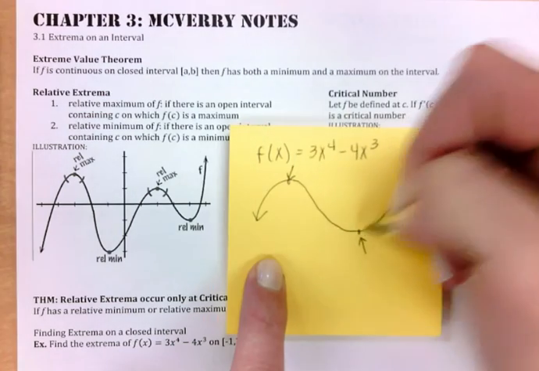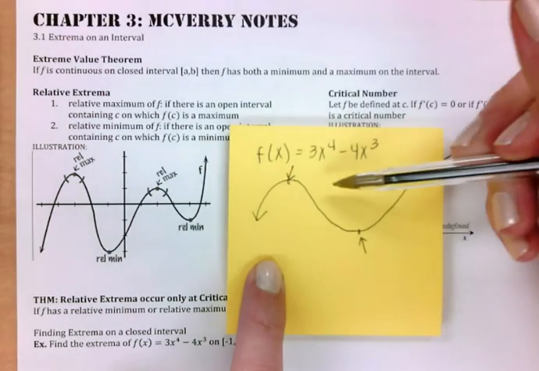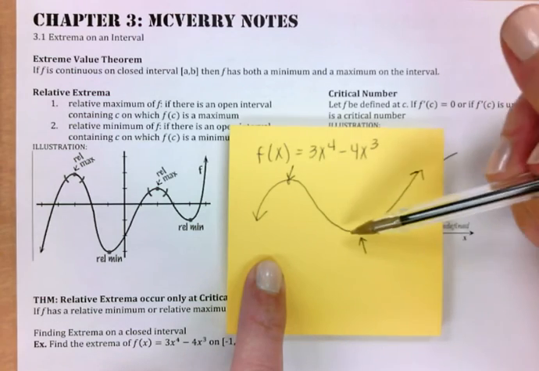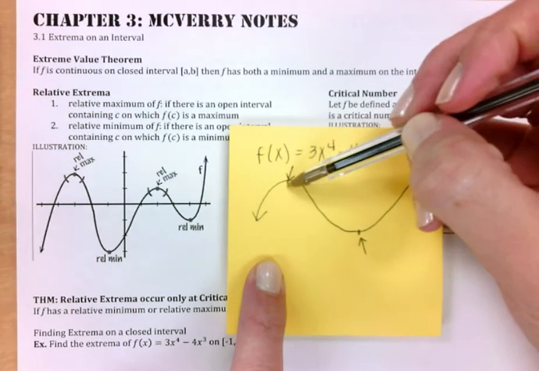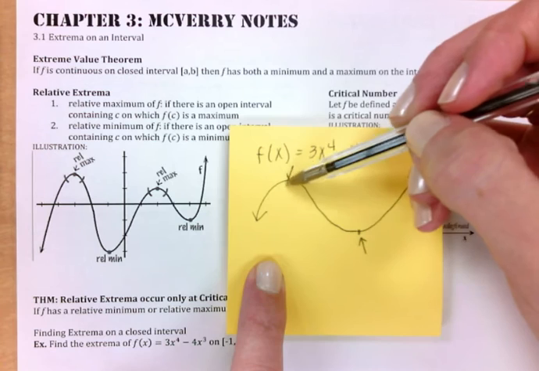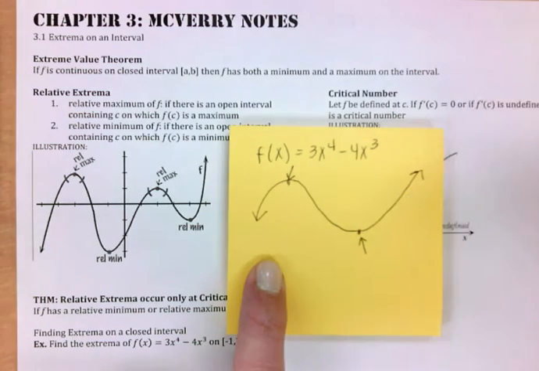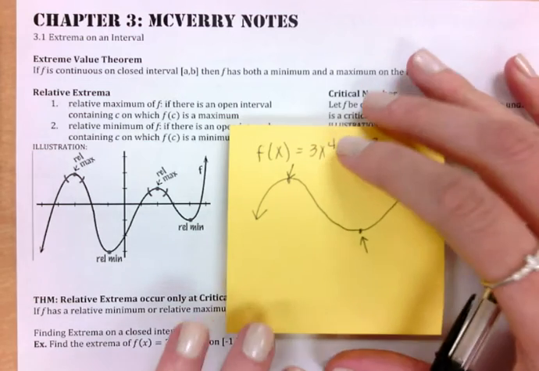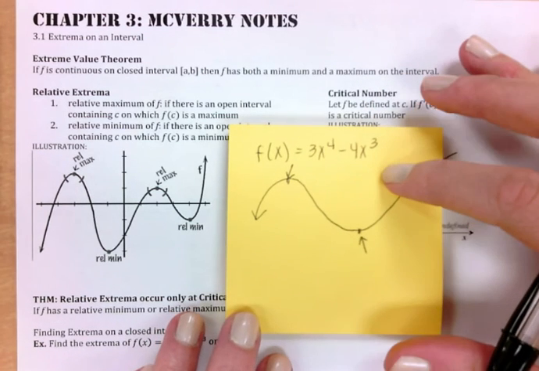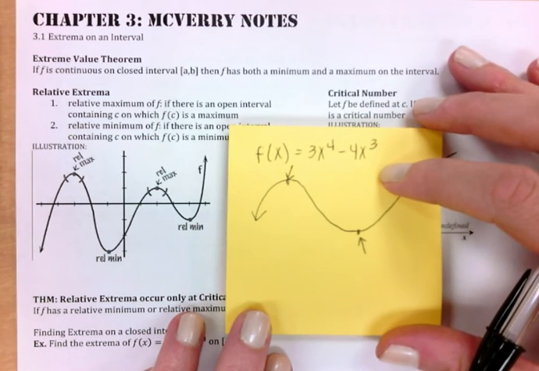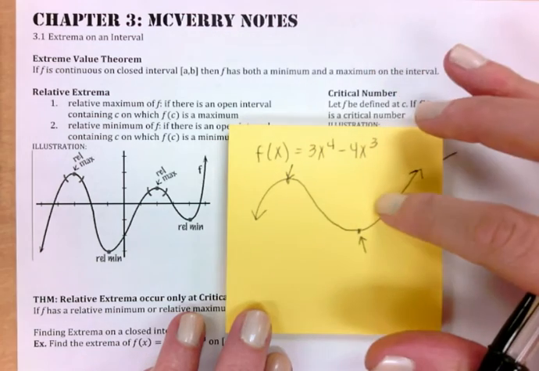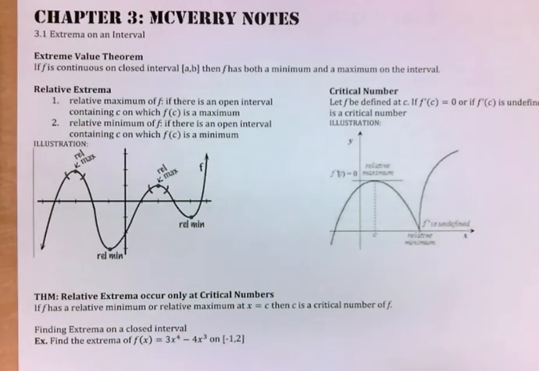So instead of just trying to plug in millions of points to figure it out, is there a way that we can say, okay, that's where this hump, this maximum is, and this is where this minimum is on a certain interval? Okay, so that's the idea of this section. So trying to figure out, is there a way that we can use our derivatives to find where these locations are? So a couple of things of vocab, and then we'll kind of get into it.